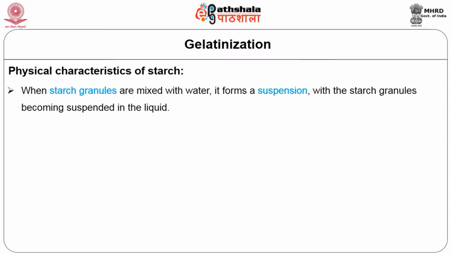For example, corn starch, potato starch, wheat starch, all of these will vary. There is no set temperature and time period within which the particular change will take place for all cereals. It varies from one to the other.